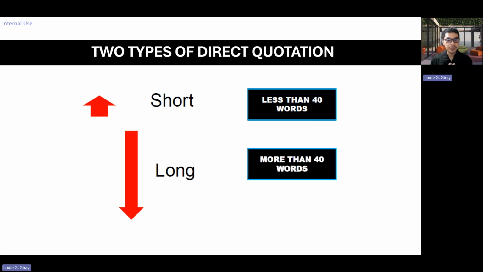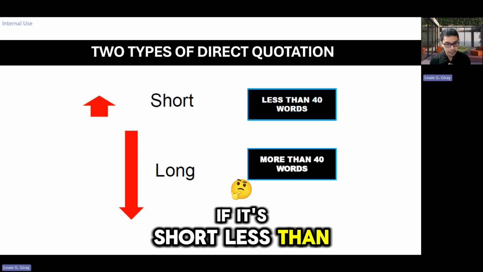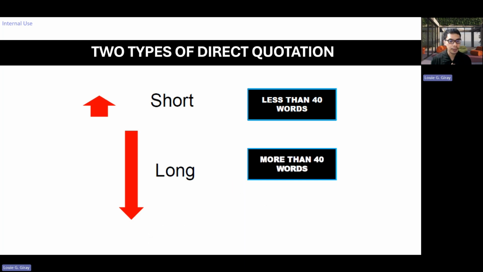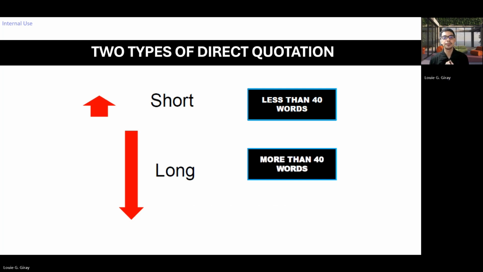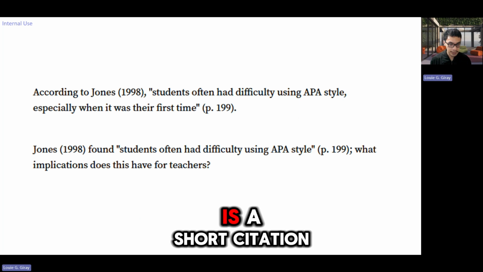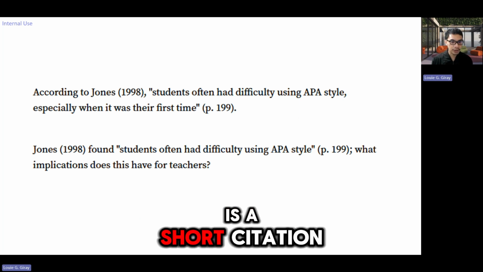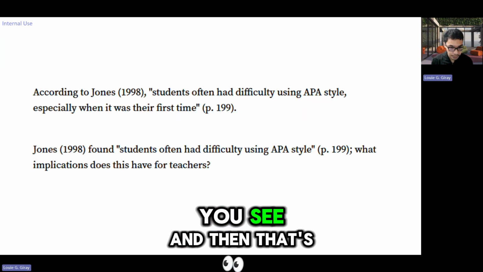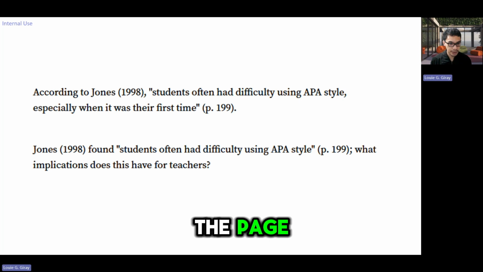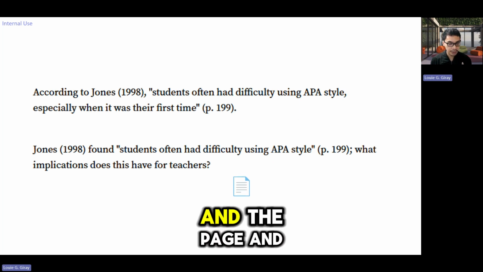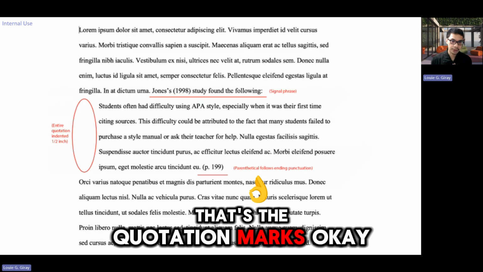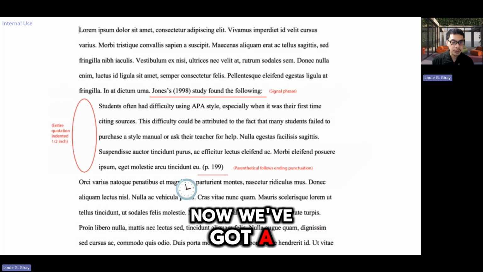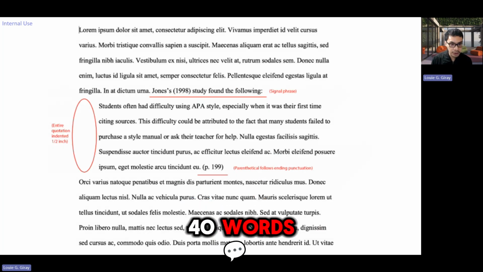If it's short, less than 40 words; long, more than 40 words. Remember that number 40. This is a short citation, you see, and that's the page. That's the author, year, and the page, and that's the quotation marks.